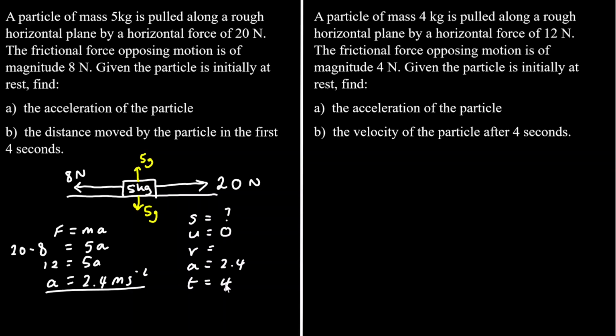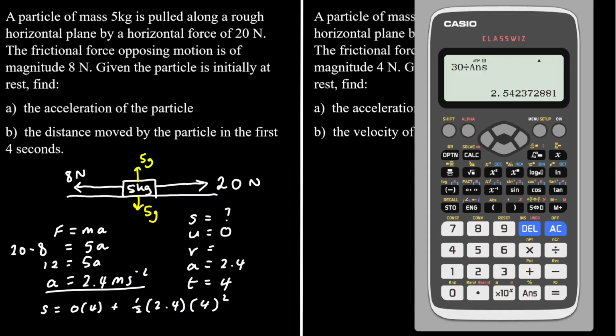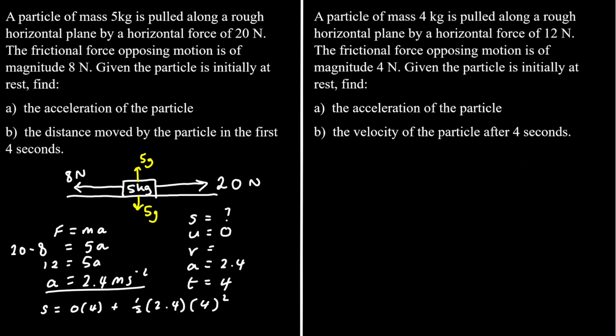That's s equals ut plus half at squared. So s equals 0 times 4, which is 0, plus half of 2.4 times 4 squared. So half of 2.4 times 4 squared is 19.2. So it's 19.2 meters.